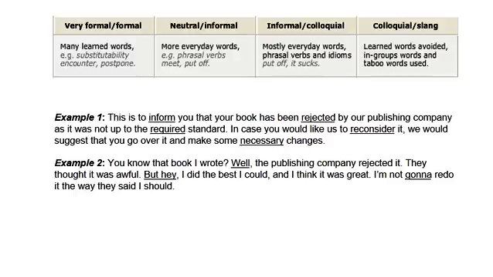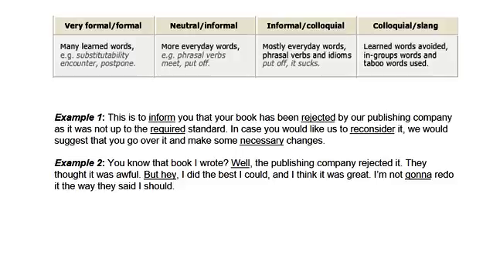Example 1 is, for example, what you would perhaps understand as a letter from a publishing company to a writer, and example 2 is a letter from perhaps the writer to a friend. And the language styles will therefore be very different. So in the first example, you see a lot more difficult words, and some of these words you might have to look up, or you wouldn't necessarily use in everyday language. Inform, rejected, required, reconsider, and necessary.